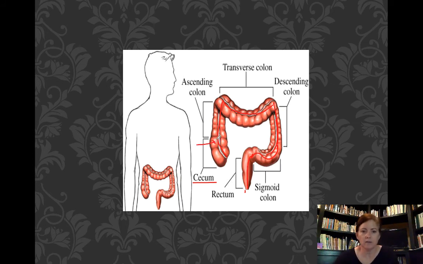So like this little pocket here, this little pocket here, this little pocket here, those are all called haustra, and that's how large intestines are arranged because they get cinched up with that taenia coli.